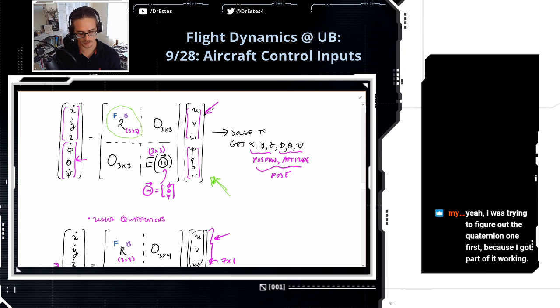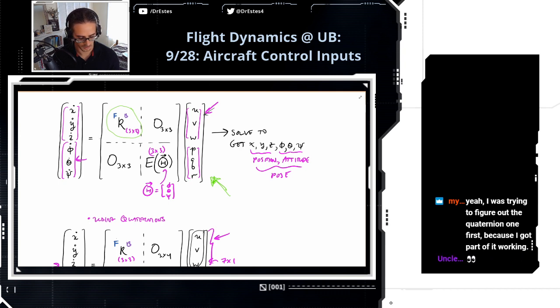Because remember, as you're solving, the reason these have to go together is because you solve the rotational dynamics for the Euler angles, and then the Euler angles have to go back into this rotation matrix. So you got to be updating that matrix every iteration.